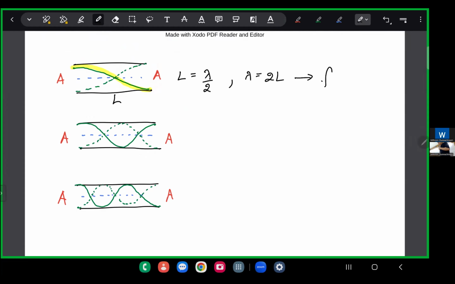And the frequency that you're going to get is just the speed divided by wavelength. Done. And you can guess as well, we call this the fundamental frequency. Then you can put subscript 1 for it. That is your lowest possible frequency that will get generated in this type of tube.